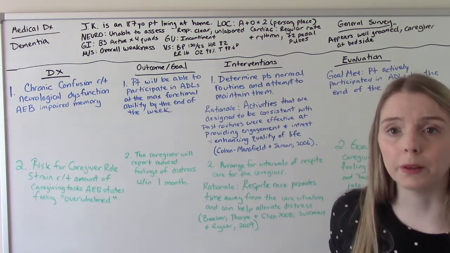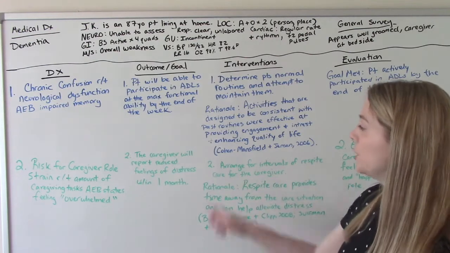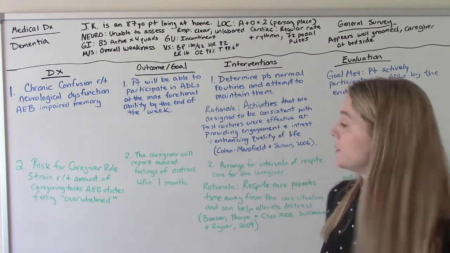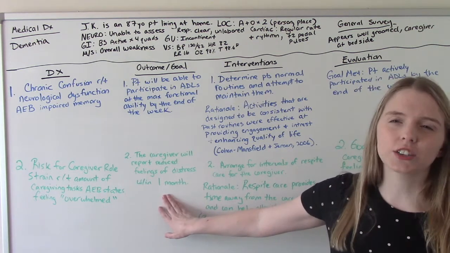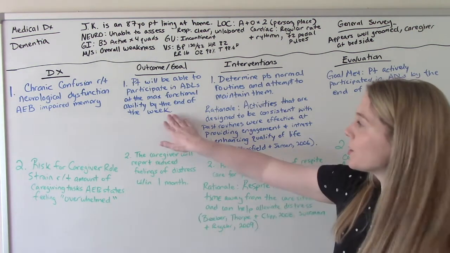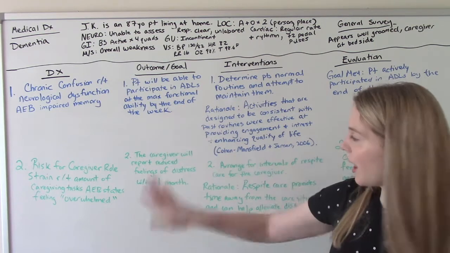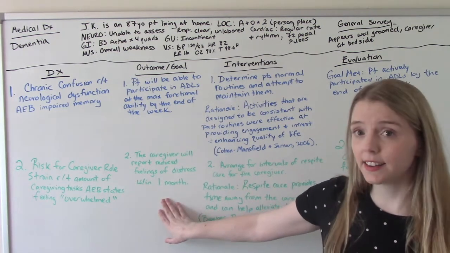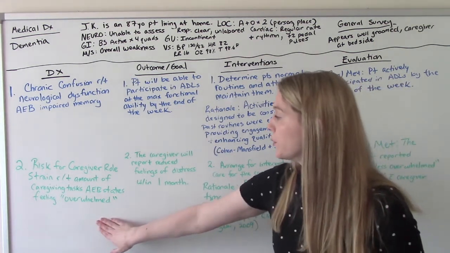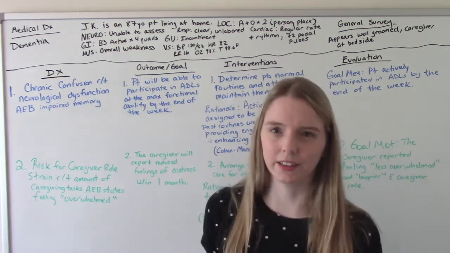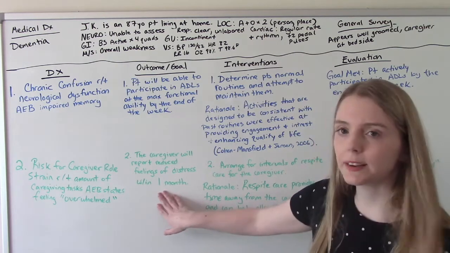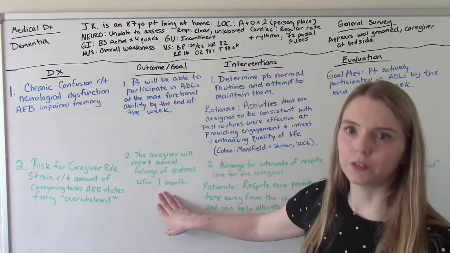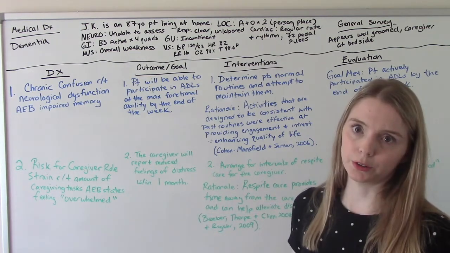So what would our goal be? The caregiver will report reduced feelings of distress within 1 month. And you see, I gave a longer time frame on this one, right? This one I said by the end of the week. I don't think that it's realistic that the caregiver will be reporting less stress in just a week's time, right? So you've got to think about that too. So I think if we get some things in place, maybe in a month from now, if we see them again, they can reduce their stress.